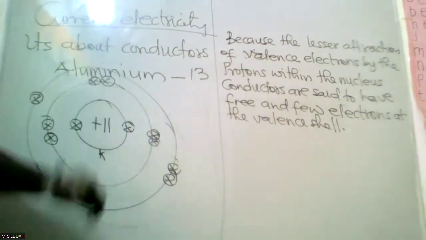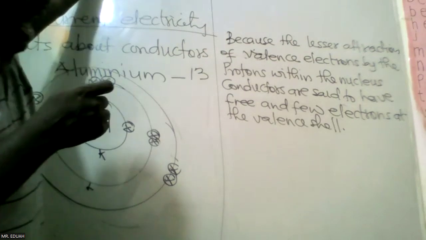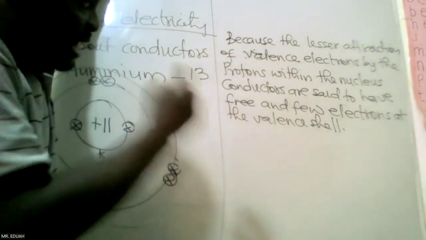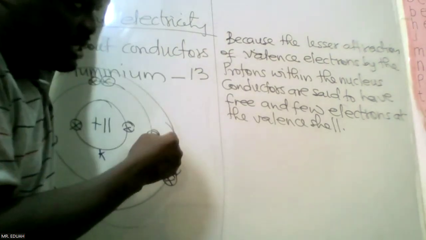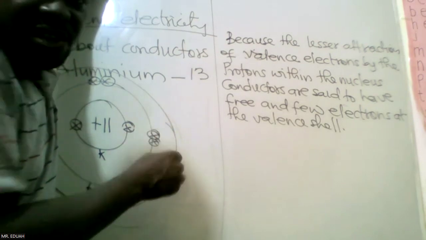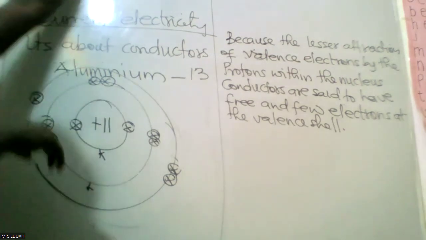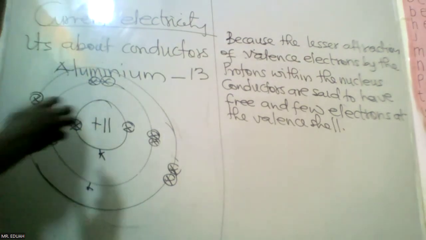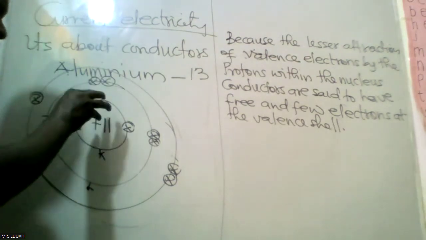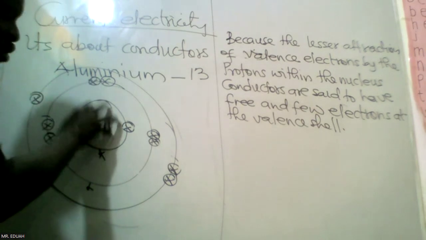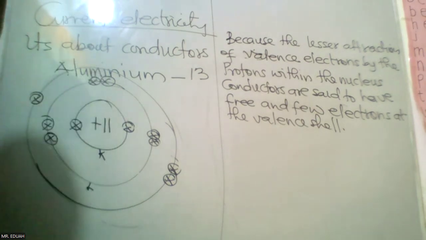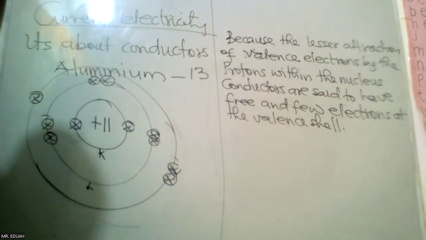So when we say conductors have free electrons at the valence shell, this is what it means. Because of the inner filled electrons, they shield the valence electrons from the attractive force of the nucleus or of the protons. Are you okay? Yes, sir.